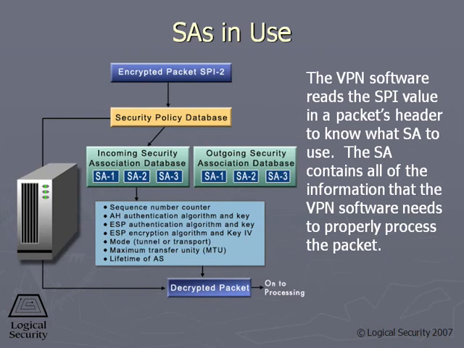So in the header, there's an SPI value that your router or your VPN device will know, okay, this SPI value is mapped to this SA, and it'll go into that security association and know how to process the data and then send it on to the actual computer on that network that it's supposed to go to.